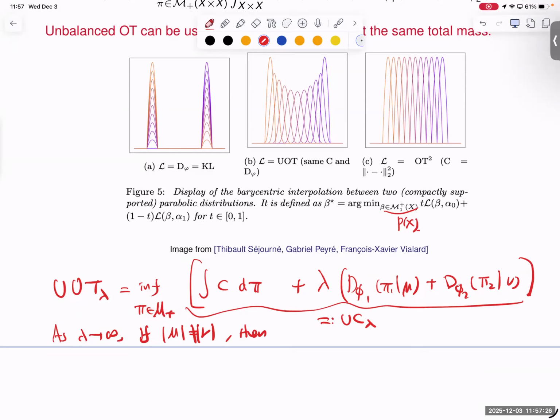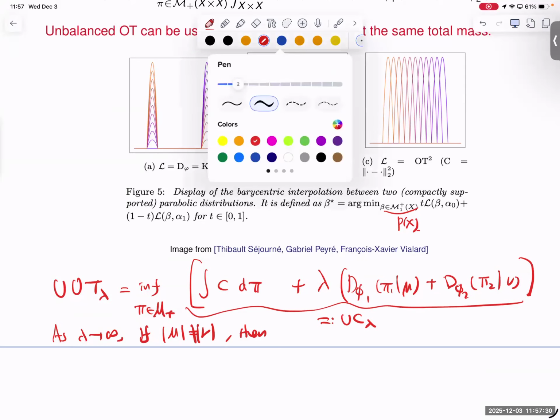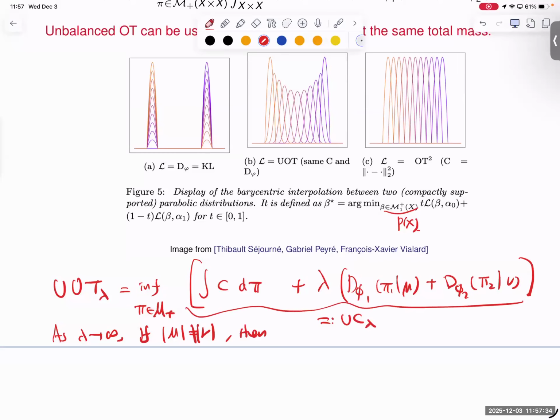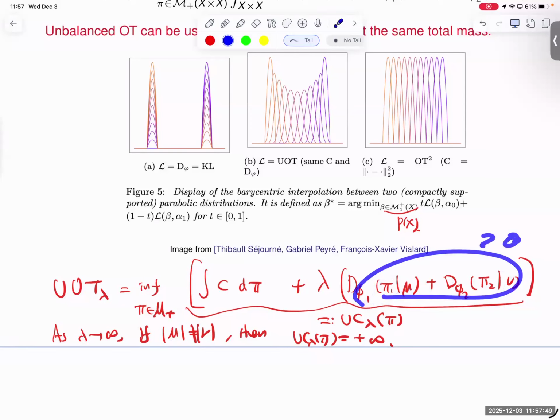Okay, just notation for this. Then this becomes positive infinity, because if these are not equal, there's no way to make this 0. So this is always positive. Then if lambda goes to infinity, this one will be infinity.